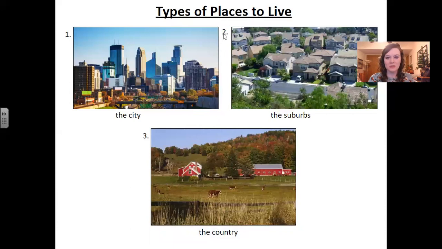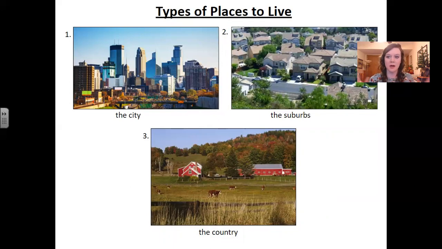And then number two, the suburbs. The suburbs are like a smaller city. Suburbs are the smaller cities around the big city. Some examples of suburbs here in Minnesota are Apple Valley, Burnsville, Eagan, Savage, Lakeville, Rosemount.